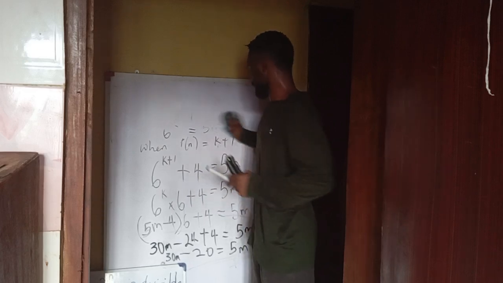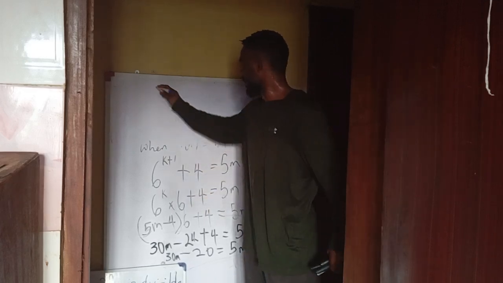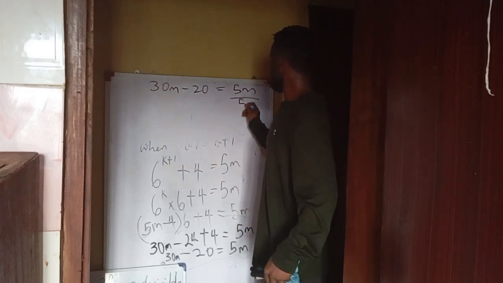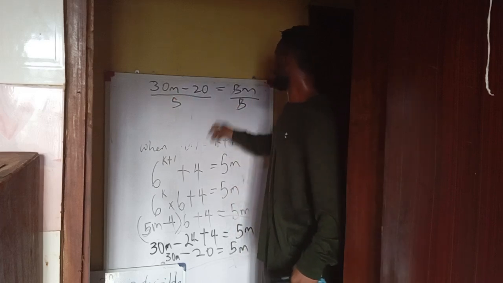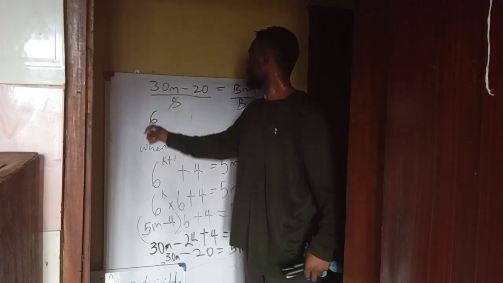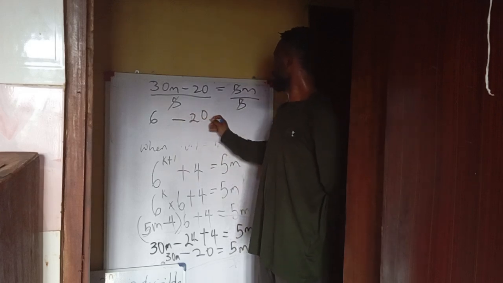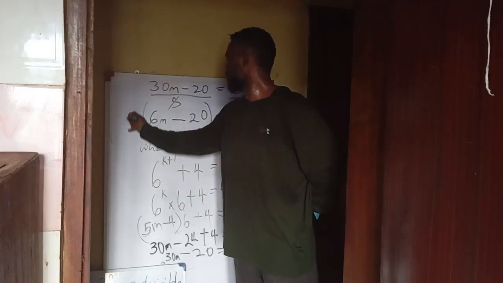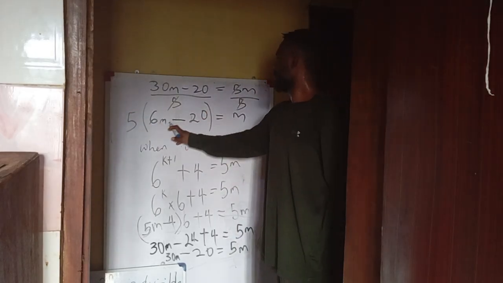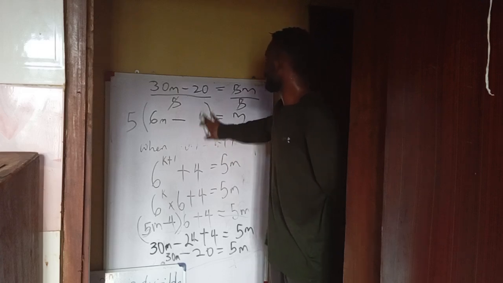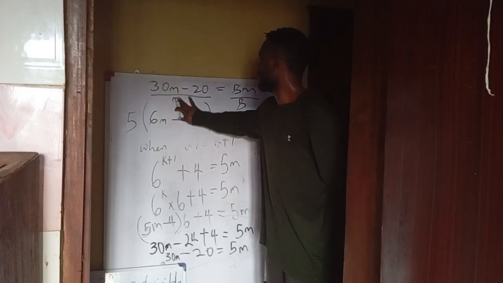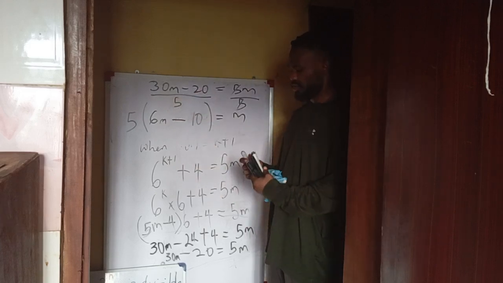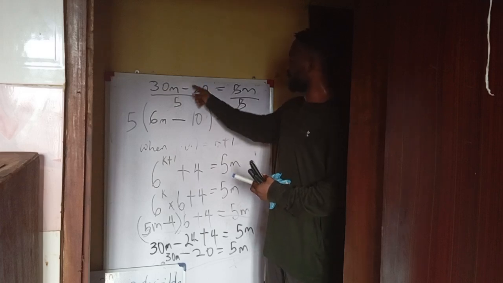So this is going to be the same thing as saying divide both sides by 5. 30m minus 20 equals 5m, divided by 5. 6m minus 20 over 5 equals m, which means that we've proved it. 5 goes into 20, it's going to give me 10.